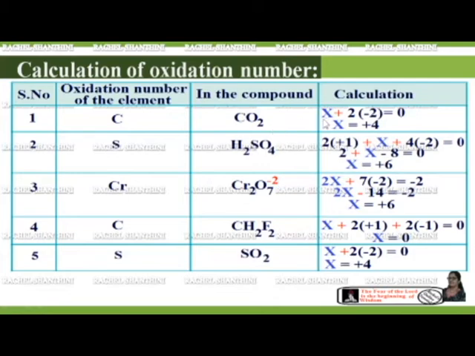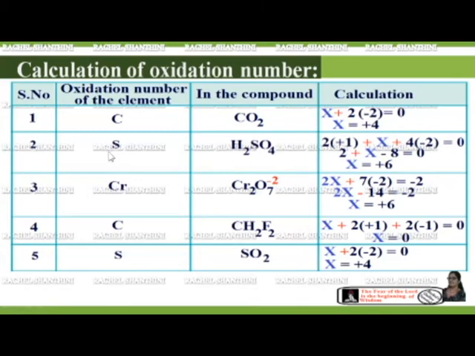We keep the oxidation number of carbon as X, plus we have 2 oxygen, so 2 into minus 2, equal to 0, because we know that the algebraic sum of the oxidation states of all the atoms present in a molecule is equal to 0. So X plus 2 into minus 2, minus 4. So X minus 4 equal to 0. So the value of X is equal to plus 4 for carbon in carbon dioxide.